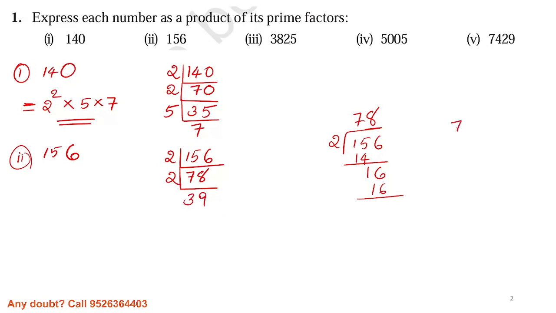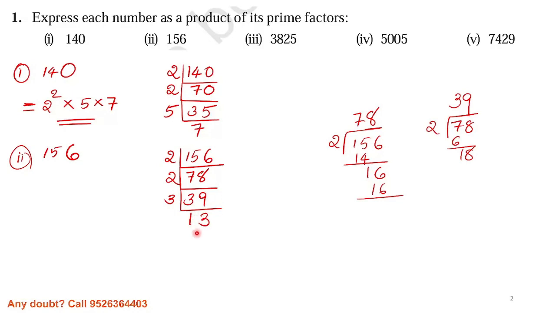Is that okay? If you have any confusion, you may divide somewhere. Correct. 39 is divisible by 3. Divide only by a prime number. 39 by 3 will be 13. 13 is a prime number.